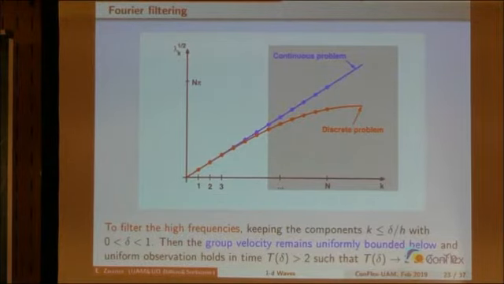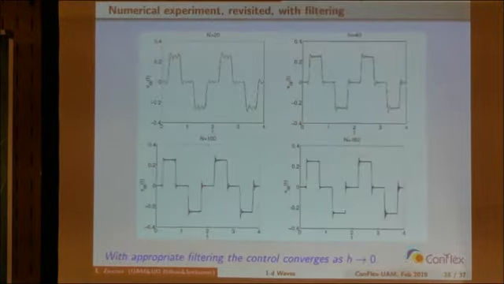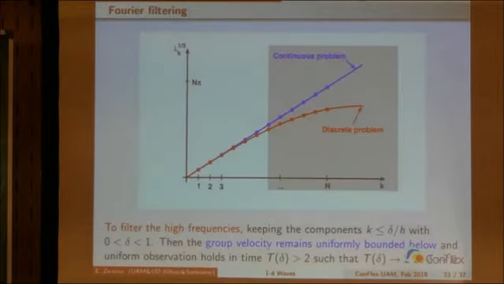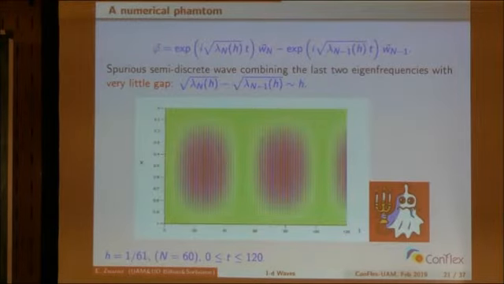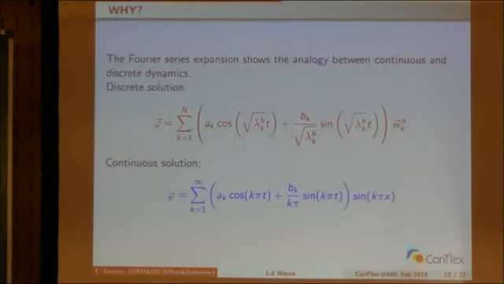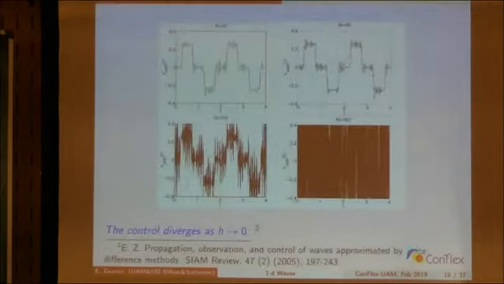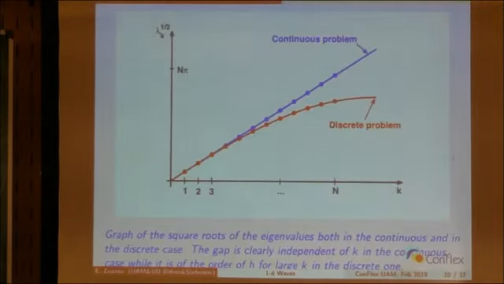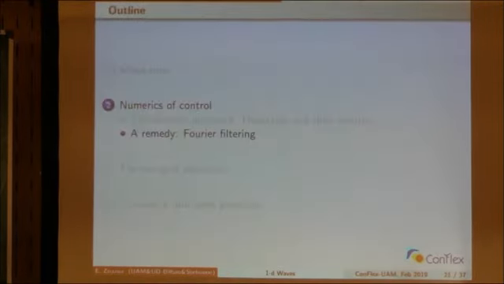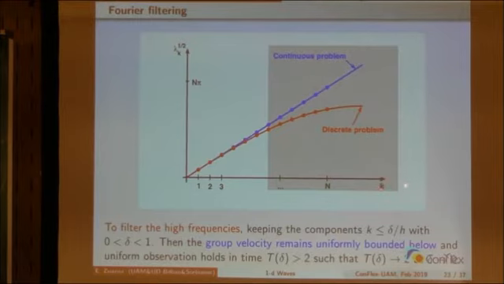What I need to do this time is to minimize the same functional as before. I minimize this functional, but I don't minimize among all possible solutions. I only minimize it in the space where half of the solutions have been taken into account. Only those involving the low frequencies.